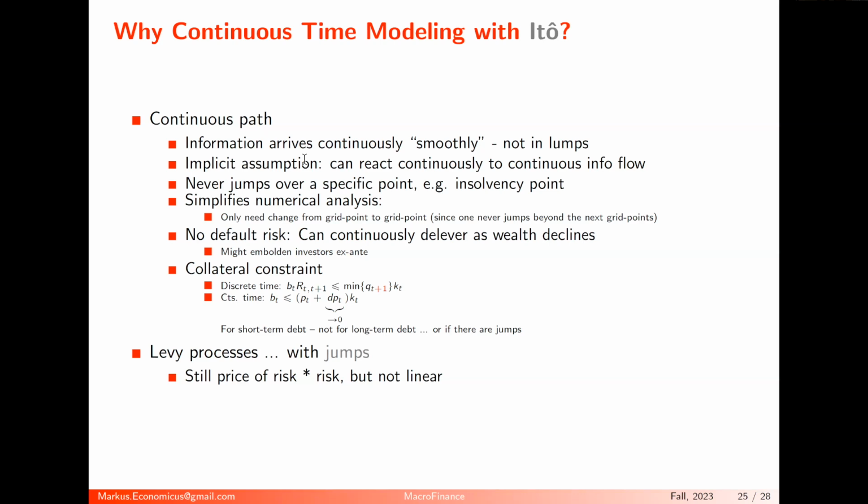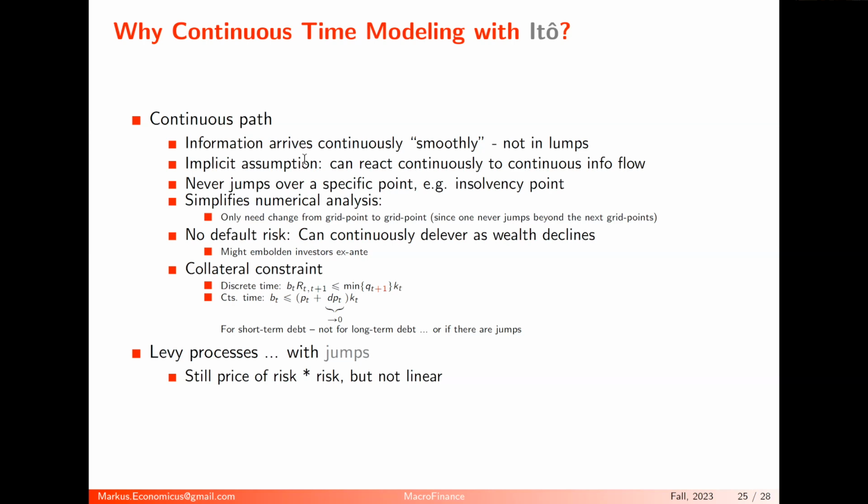Now, I should say, one particular thing about Ito processes is that it's an advantage and a disadvantage. It's essentially a continuous process. So information arrives continuously and smoothly. It's not that nothing happens and then suddenly there's an information event and I learn something. You always learn continuously. There are no lumps in information coming out. And there's an implicit assumption in it, and it's actually a drawback, that you can react.